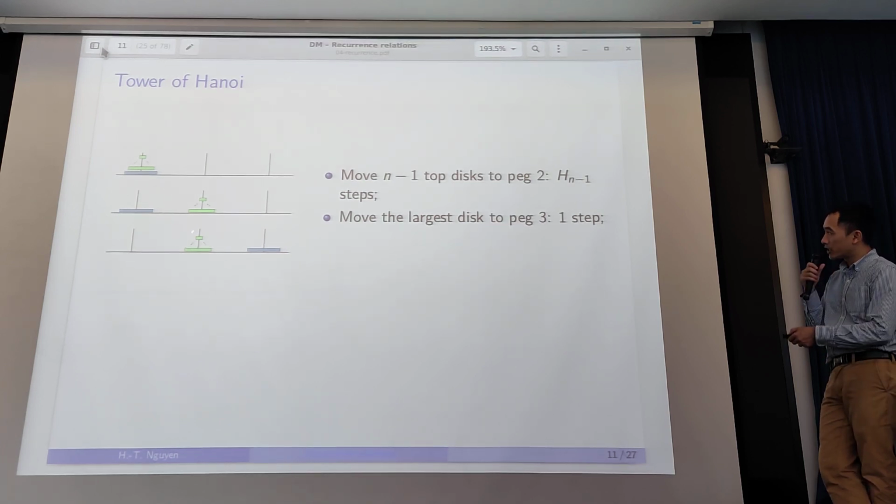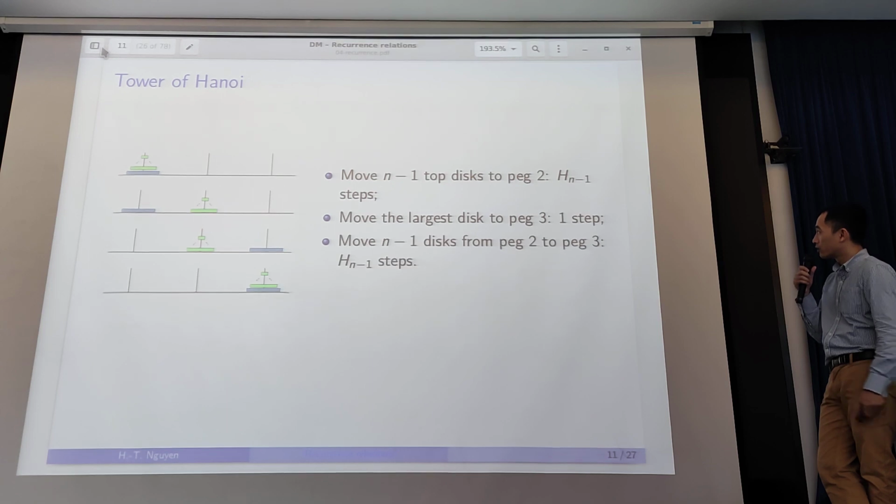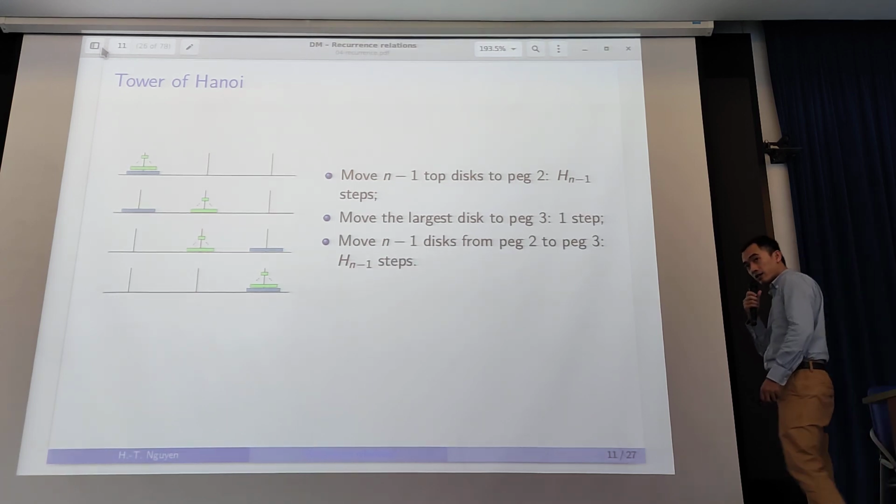And now finally, we need to put this green pile on top of the blue disc here. And once again, it's similar to the first phase here. We need another H(n-1) steps. Okay?